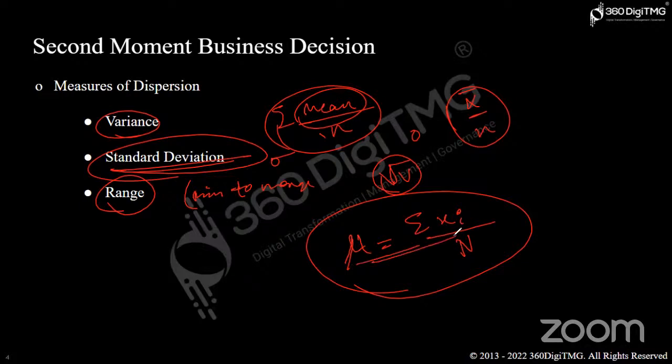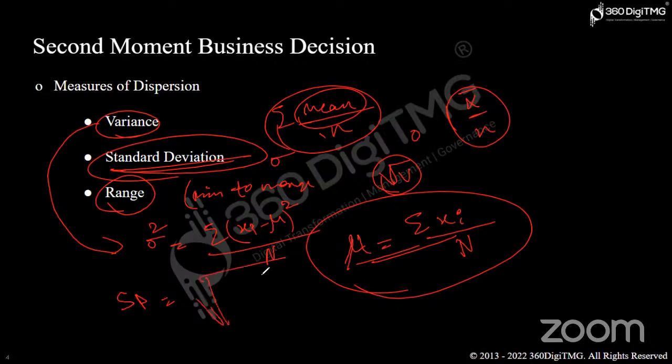Variance is given by sigma square, sigma square is equal to summation of xi minus mu whole square divided by n. Standard deviation is given by the root of sigma xi minus mu whole square divided by n.